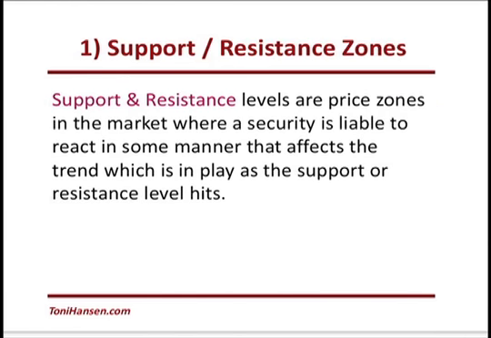Support and resistance. The main thing to keep in mind with this is that support and resistance levels are price zones in the market where a security is liable to react in some manner that affects the trend that is in play as those levels hit. Now, the key word in this entire slide is zones. A lot of people will see, let's say, 100 is a resistance level.